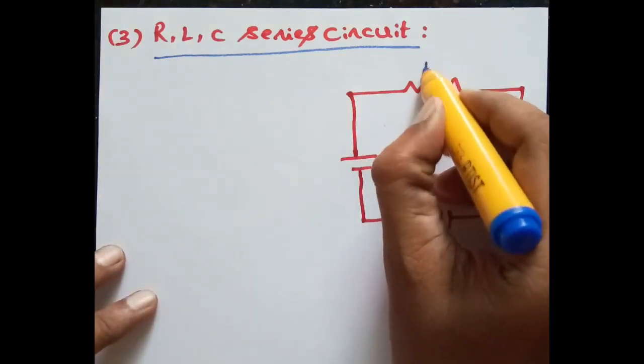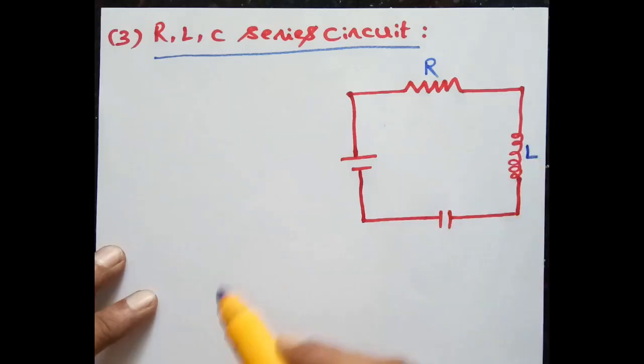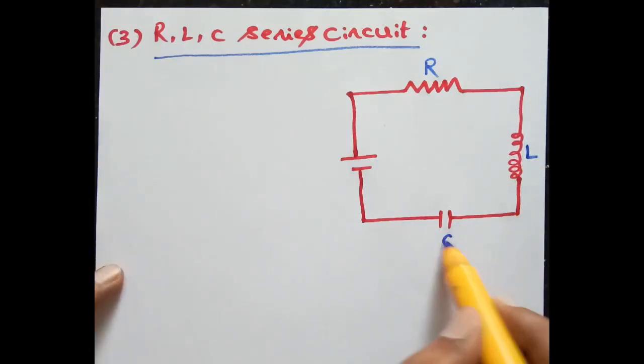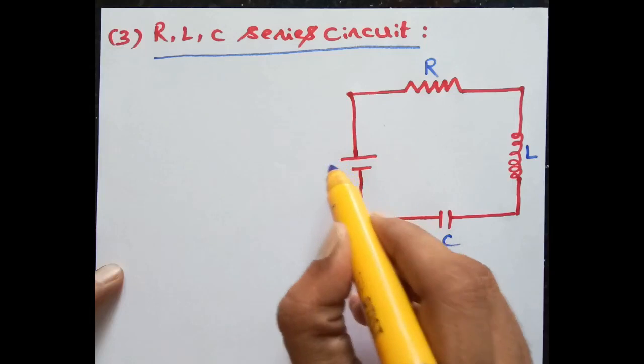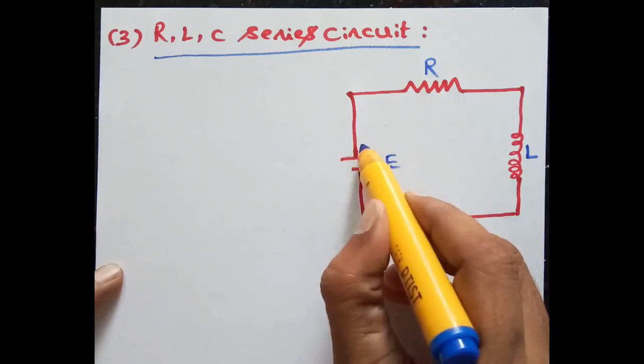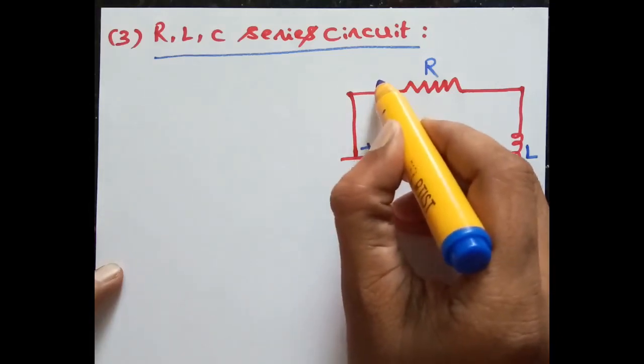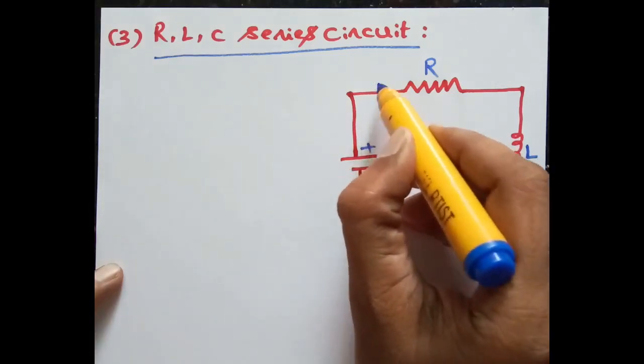This is R, resistance. This is L, inductance. This is C, capacitance. E, battery, constant power. I.